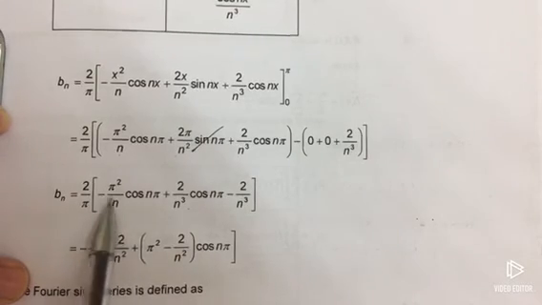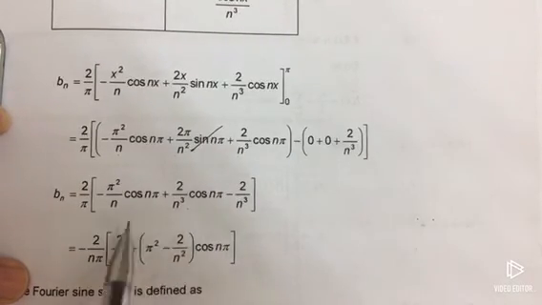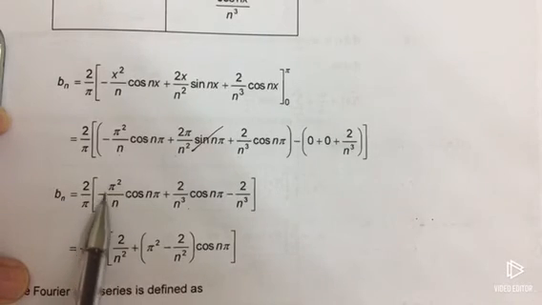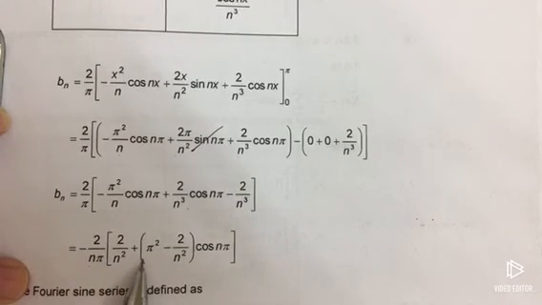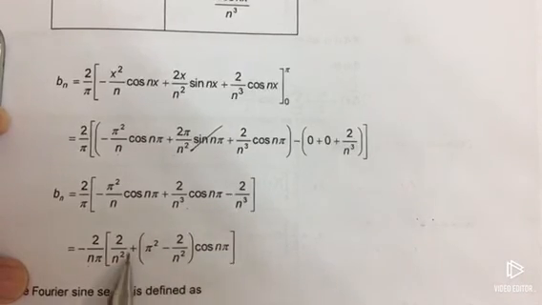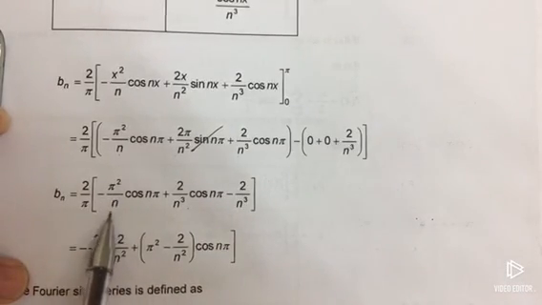Here we have n, so we can bring forward n. We have negative, positive, negative, so the negative we can take out. We put here negative, so this value will be positive right here, pi squared. This one, we already took out the n, so leave n squared inside. So the final answer for Bn is negative 2 over n pi, n squared from here, plus pi squared over n.